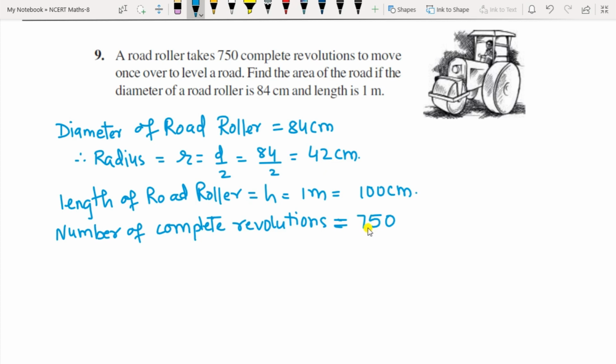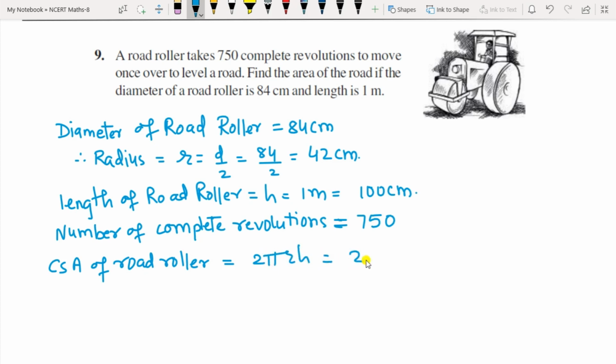Now you have to solve it for the area of the road, how much area of the road it has leveled. First of all, the curved surface area of the road roller will be equal to 2 pi r h.